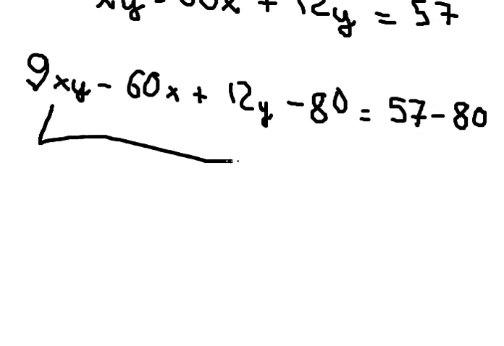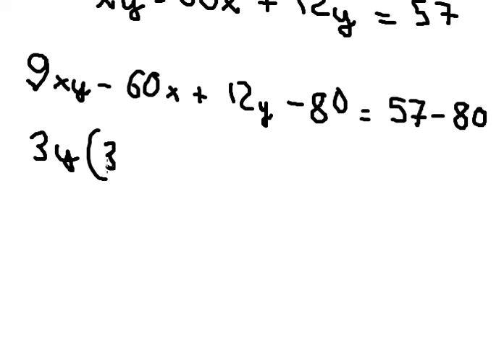So this one and this one we can factorize by 3y. So that should be like this. This one and this one we can do another factorization by negative number 20.